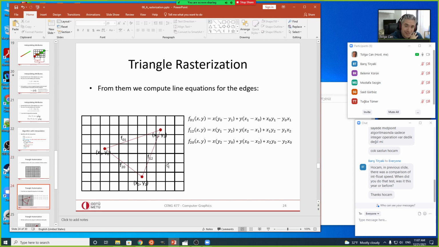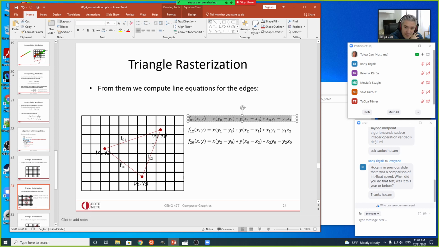We're again using the implicit line equations. These are our edge equations. So the edge between vertex 0 and vertex 1, we call it F01. This is the implicit line equation for this edge. For any pixel center, when we evaluate this line with it, if it turns out to be a positive number, it means that it's above the line and we don't draw this pixel.